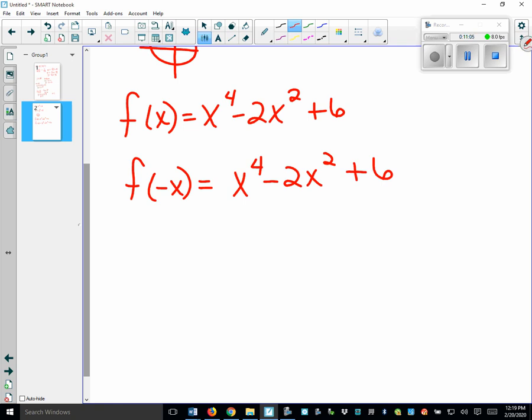When I put a negative x in and raise it to an even power, doesn't it just become positive? Yes, so that's why nothing changed.